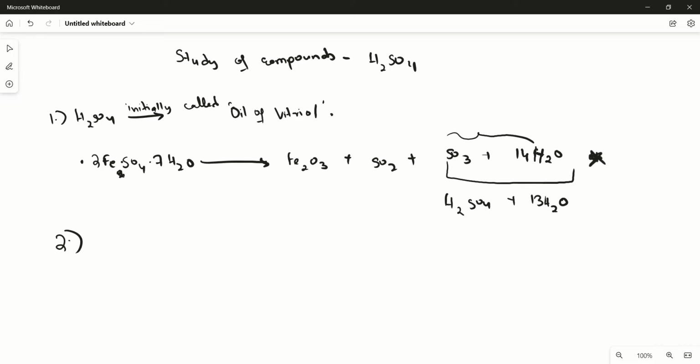Now where it occurs. So it occurs in both the free state and combined state.